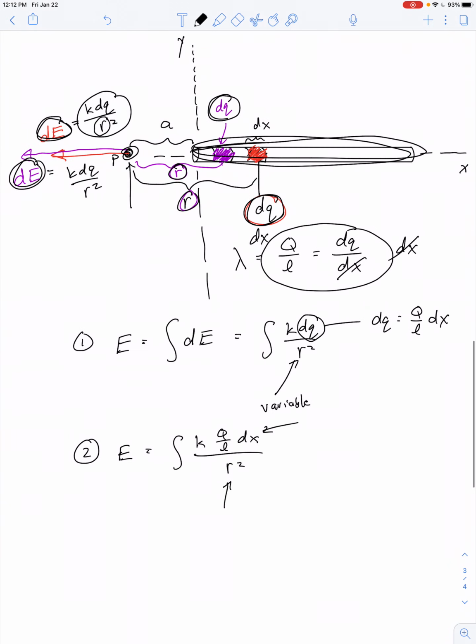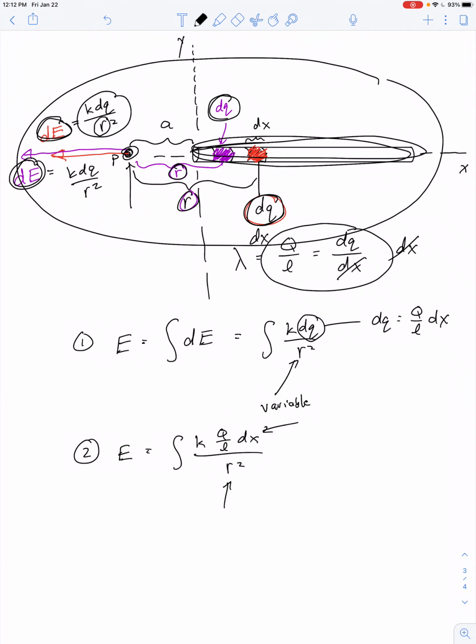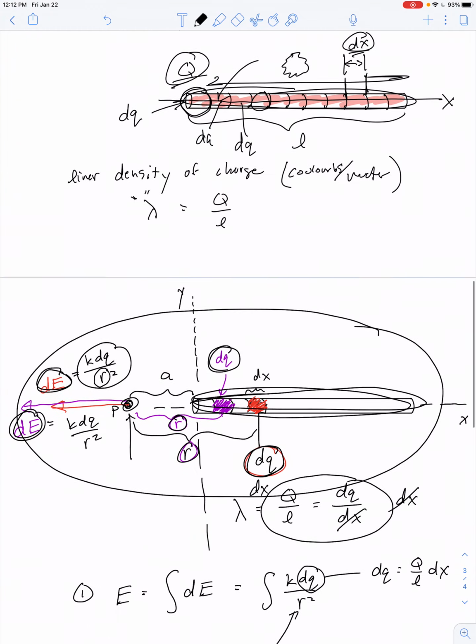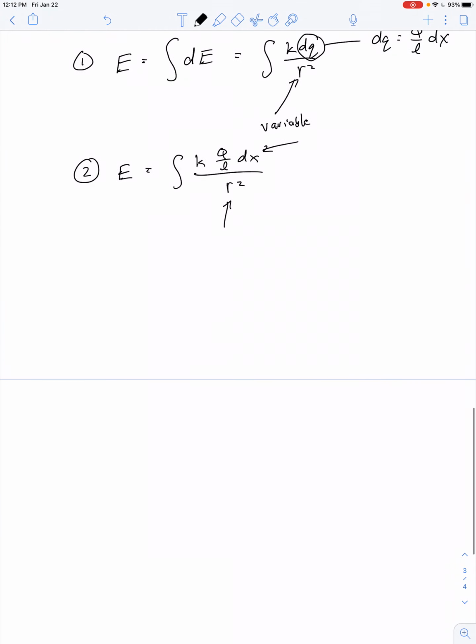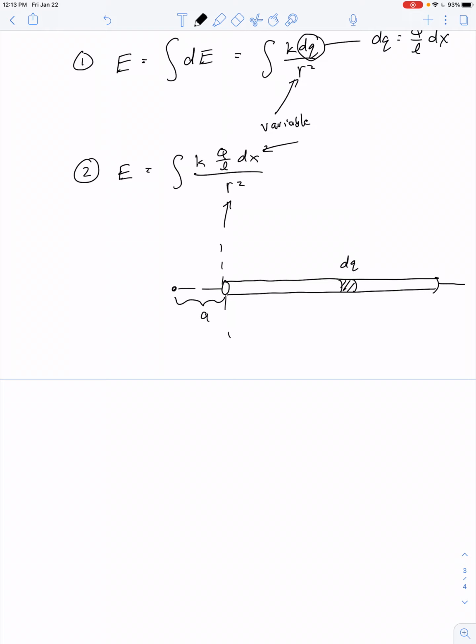So this is why it's important to draw a really clearly labeled diagram of the problem at hand. Let's draw this again to be clear. So there's A. Let's just pick any one of our elements of charge. Maybe this one here, we call it dq.